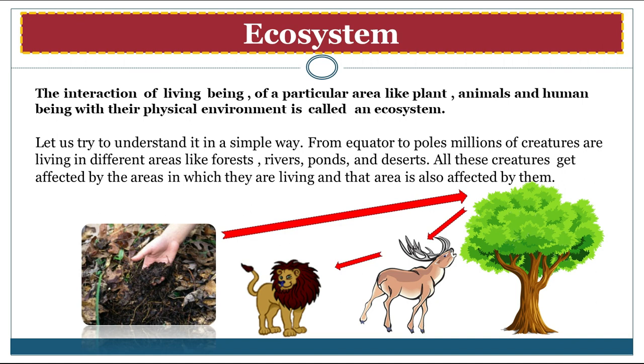Let's try to understand this with the help of this diagram. Like in the forest, trees are there, and these trees are eaten by different herbivorous animals like deer, and these animals are eaten by carnivorous animals like lion, and when both the carnivorous as well as the herbivorous animals die, these animals become soil after decaying, and when this soil is used in the form of minerals by the plants, then our cycle of the ecosystem gets completed.